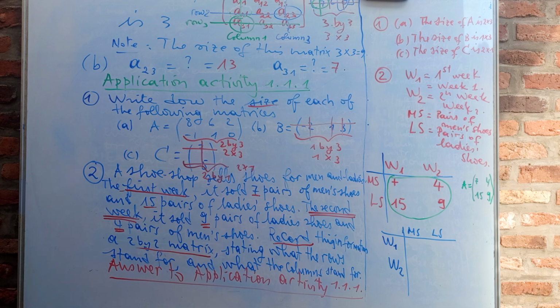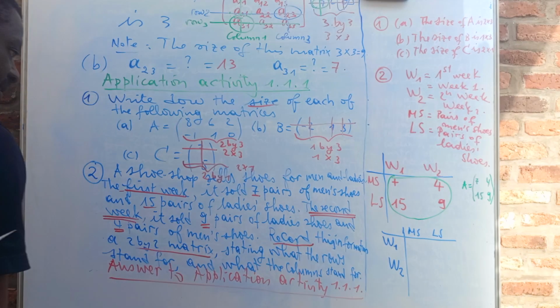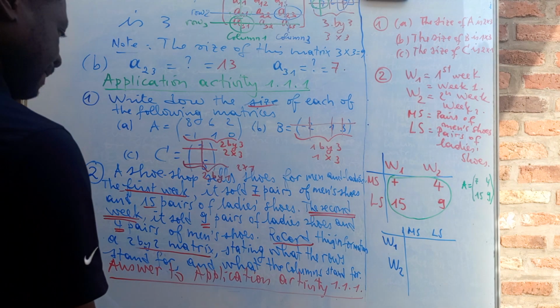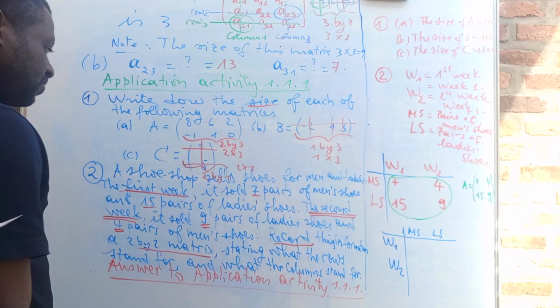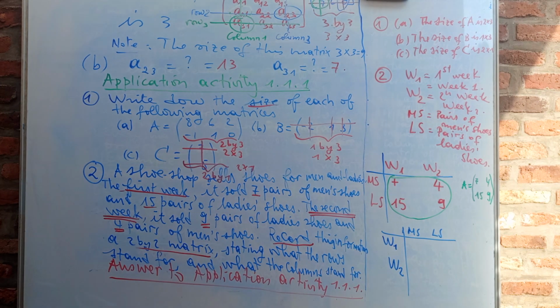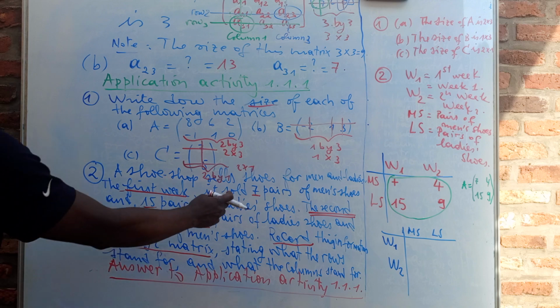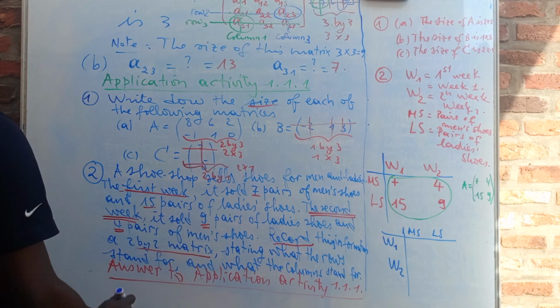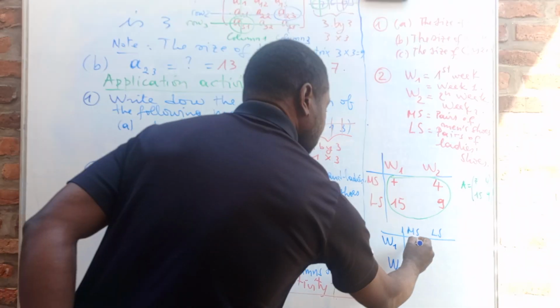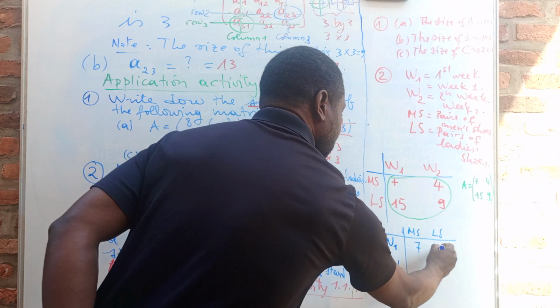So in this case, in the first week the shoe shop sold 7 pairs for men, 15 for ladies. 7, 15.